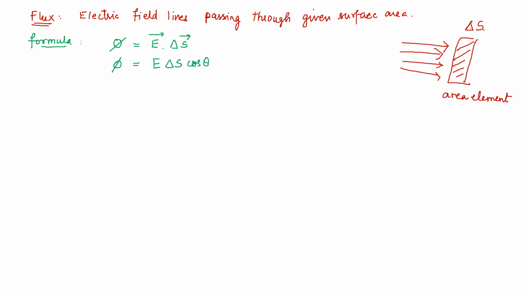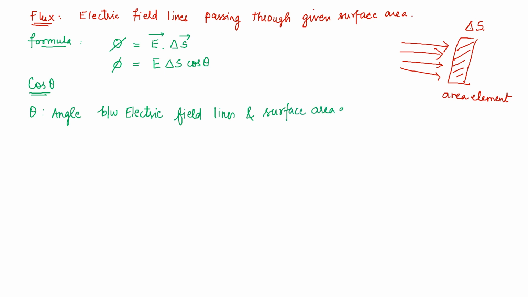Cos theta here defines the angle between E and S. Theta is the angle between electric field lines and the surface area element. Okay.